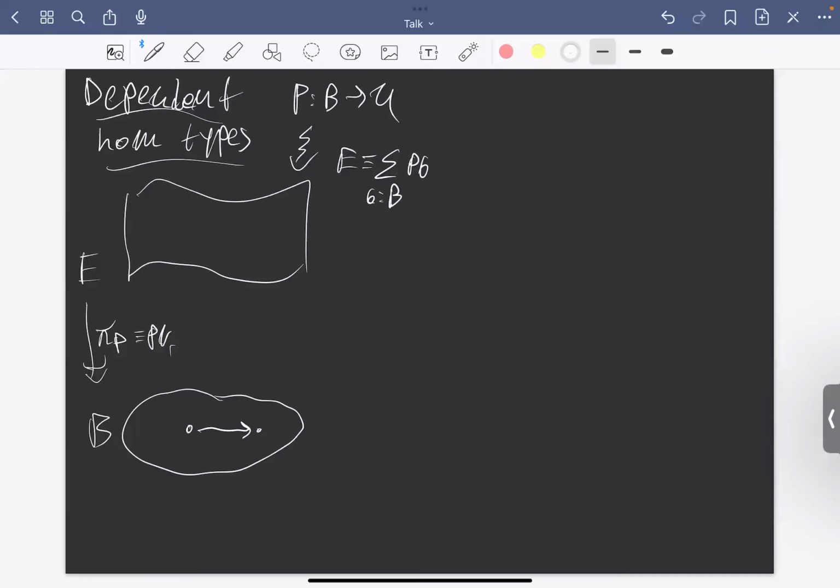And then in this picture, I can see that it makes sense if I'm in a situation like this, where I have an arrow in the base, U from B to B prime, and I have points E and E prime lying in the fiber of the respective endpoints of the directed arrow.